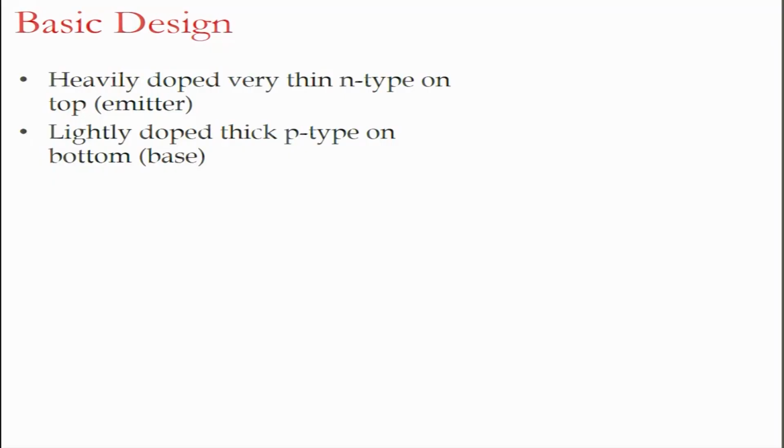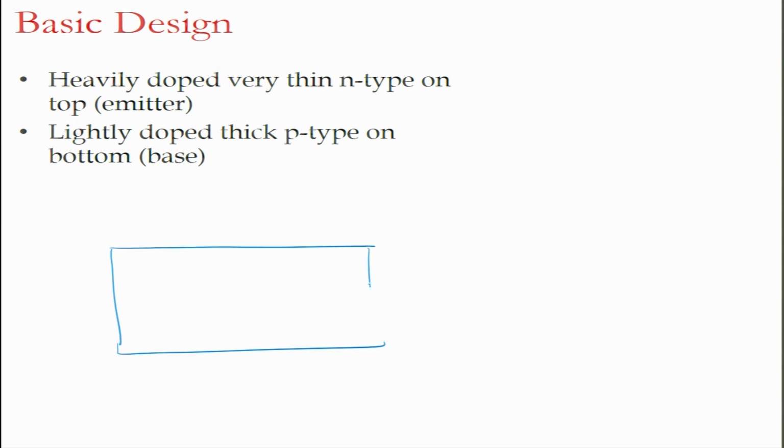So, the basic design of a silicon solar cell is a heavily doped, very thin N type layer as the top emitter and a lightly doped thick P type layer at the bottom, which is the base, and it is going to look something like this.